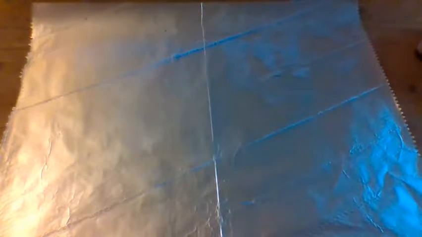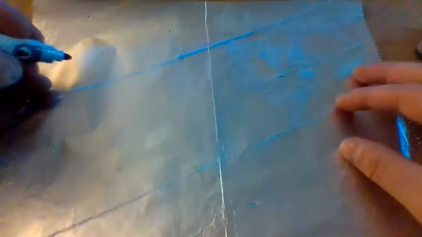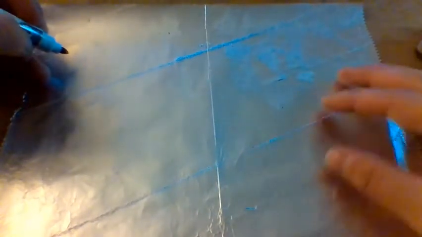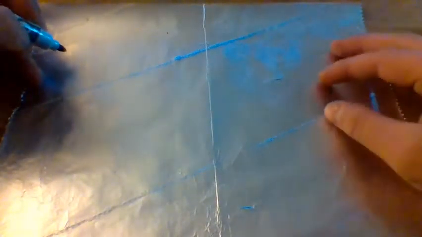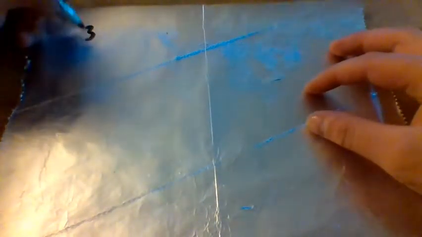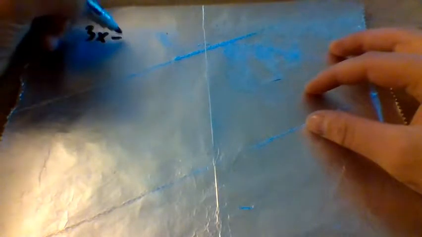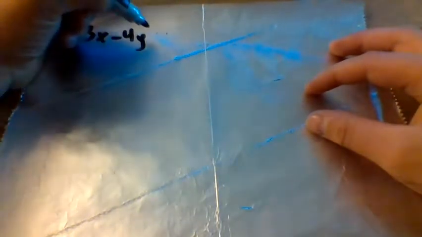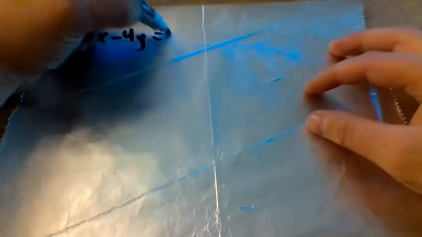So first off, we're going to start by determining if lines are coinciding, parallel, or neither. How we're going to do this is we're going to show first how to find if lines are parallel. So we're going to take 3x minus 4y equals 12.